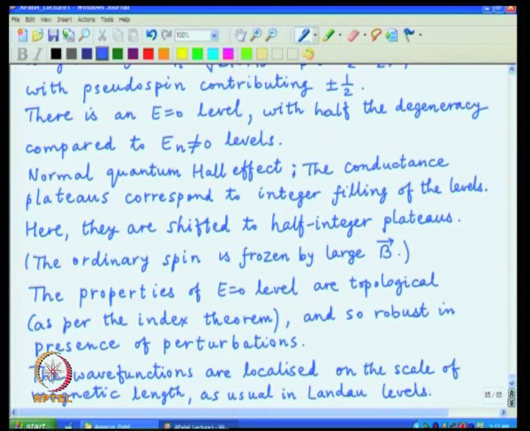So, this is one more feature of the Dirac equation and how it modifies the behavior.